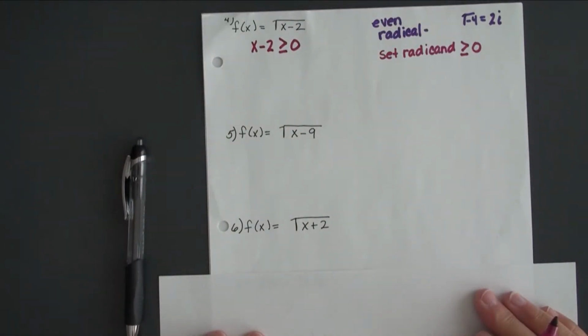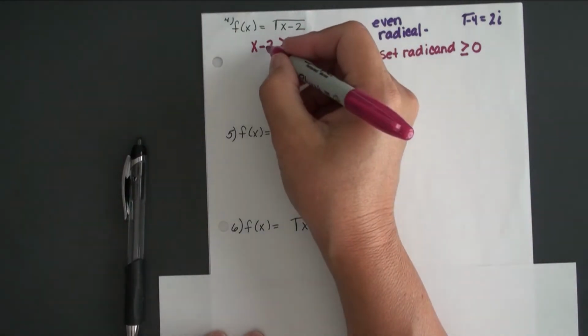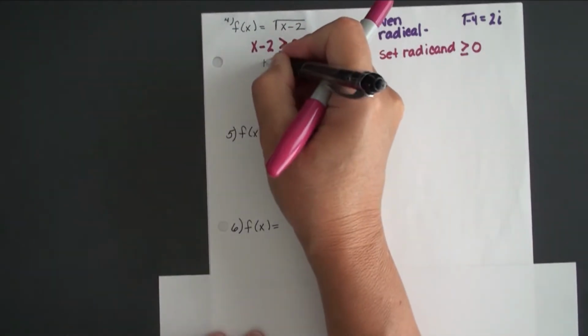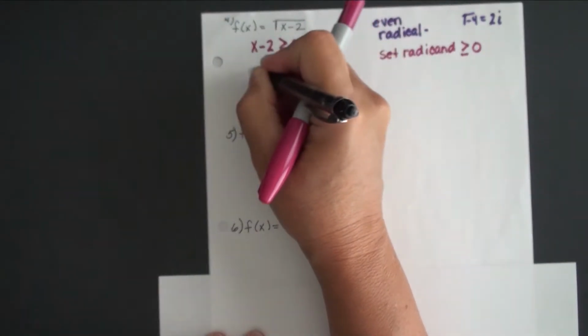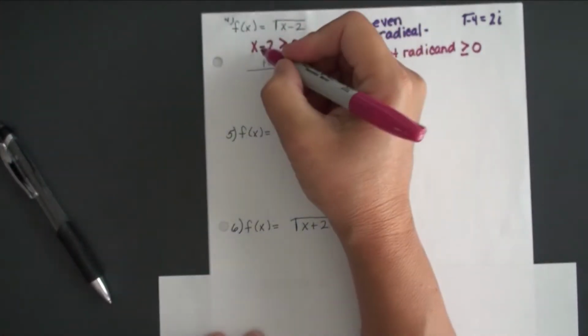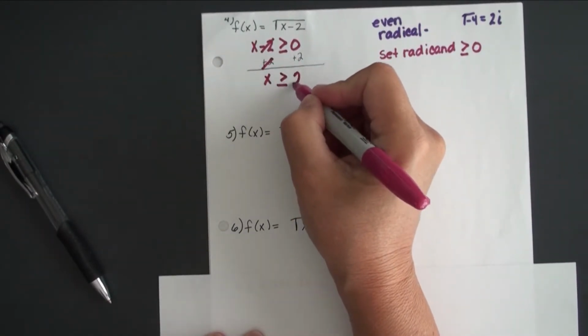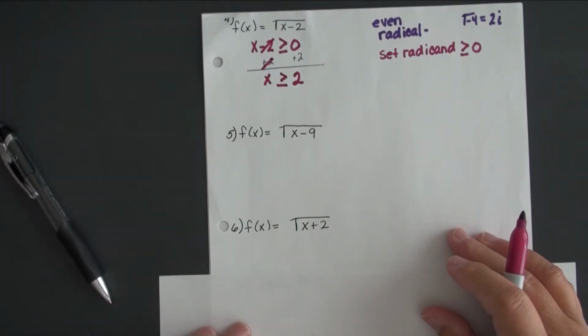Now when you solve an inequality, you solve it just like an equation. So I'm going to add 2 to both sides. And when we do that, we have x is greater than or equal to 2.